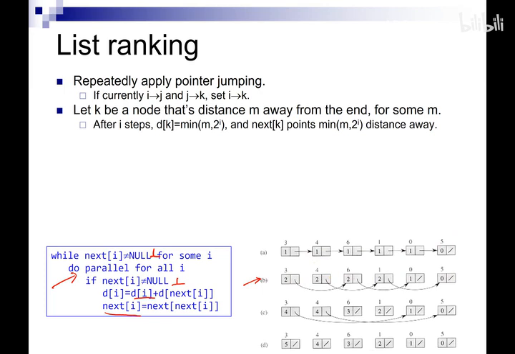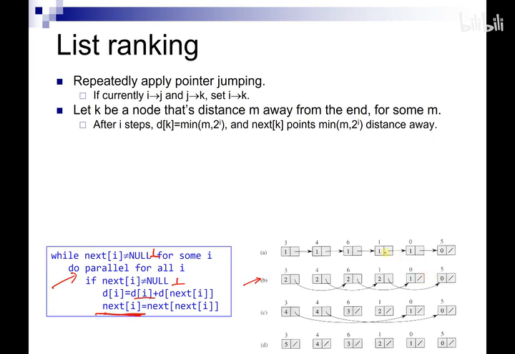And you're going to see that, for example, this node's next pointer is going to become null after it does pointer jumping once, because it's going to do this line, so it's going to set its next pointer to be the next pointer of the next node. Well, the next node is this guy whose next pointer is null, so therefore this guy's next pointer is also going to be null.